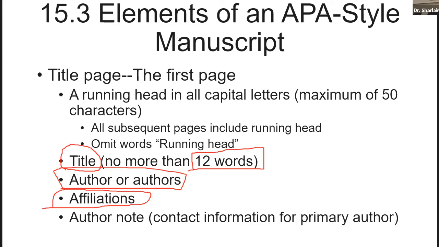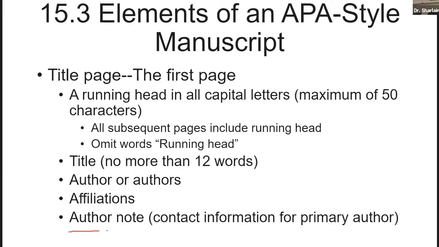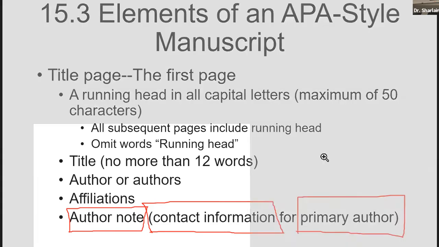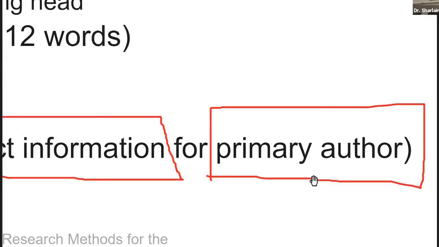Now, sometimes you will find an author note, right? Generally, this is the best means to contact them. So for example, a telephone number, an email. I've seen it in both cases. You will have, for example, just the information for the primary author, but sometimes you will come across, say, I want more information about that.